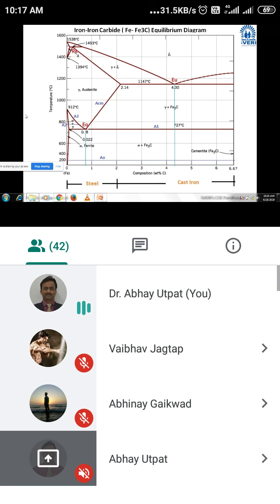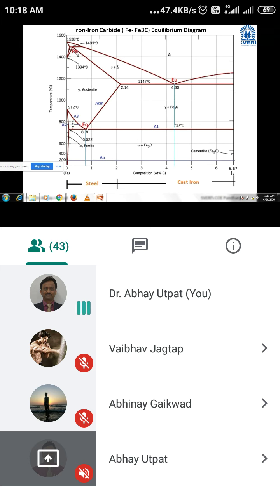There you find the weight percent of solute is up to 100. Now you look at this diagram. See what is the maximum percentage shown here. I am taking the cursor. It is 6.67. There is a diagram up to 100%, but we are using up to 6.67. Why? Because after this percentage the diagram is of no use. Statement number 1, you can write it down also.